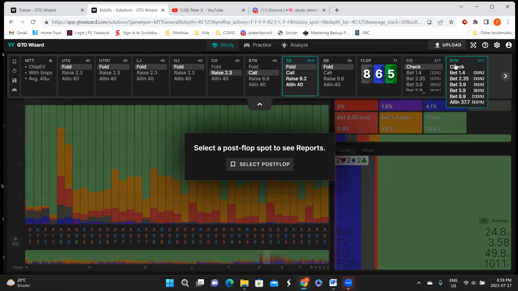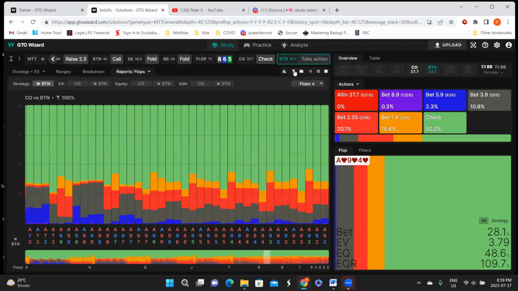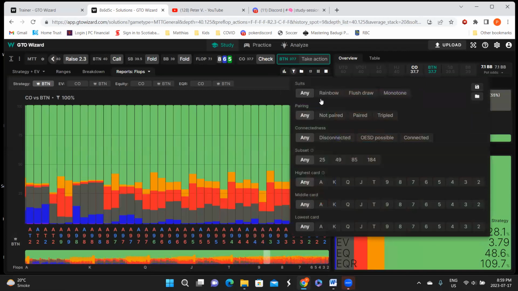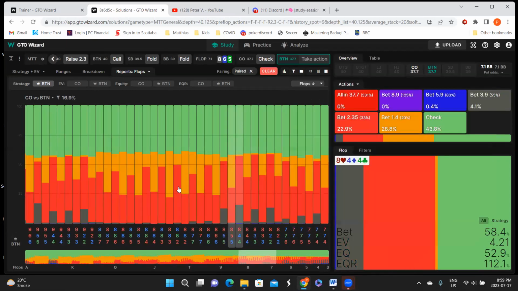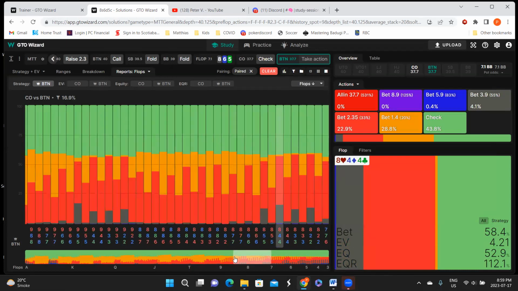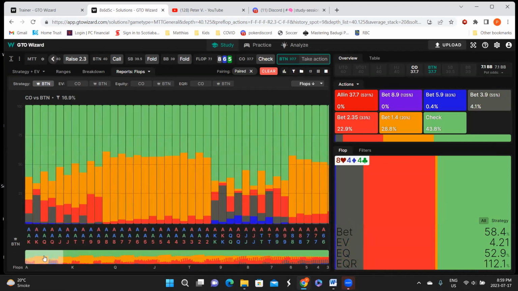Check and the button. And paired for button. So this is when cutoff checks to button. Cutoff checks to the button, which is the most likely thing to happen.